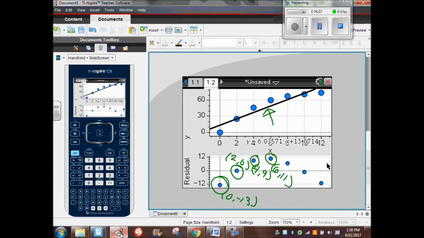When your residual plot has a general shape to it, which this clearly does, with that nice curve, it reinforces that the model we initially picked for our regression was not a good model to pick. It backed up our assumption.